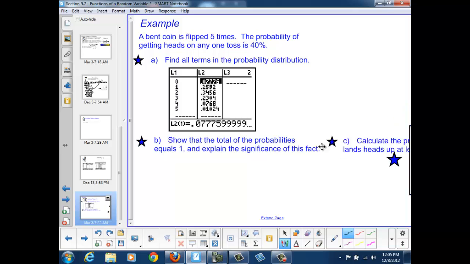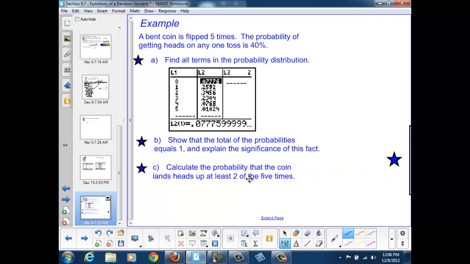All right, our next question is to calculate the probability that the coin lands heads up at least 2 of the 5 times. Well, here's that phrase at least, again, which we thought about in the previous section as making us think about complementary events.